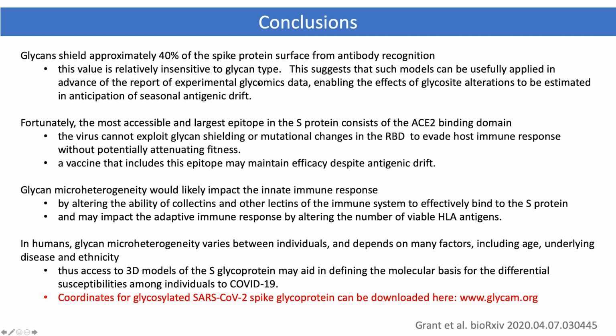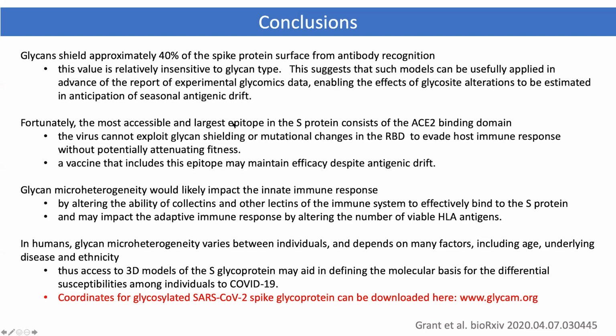This suggests that these models can be used in advance of the reported glycomics data, which means you can model the effects of glycan alterations in anticipation of antigenic drift. This is really quite an important feature, because if we're always being held back because we have to get good glycomics data, then, well, this is saying you don't have to be. You might need that data if you want really to explore specific interactions.